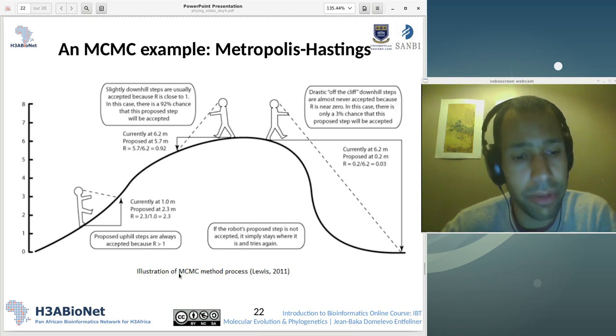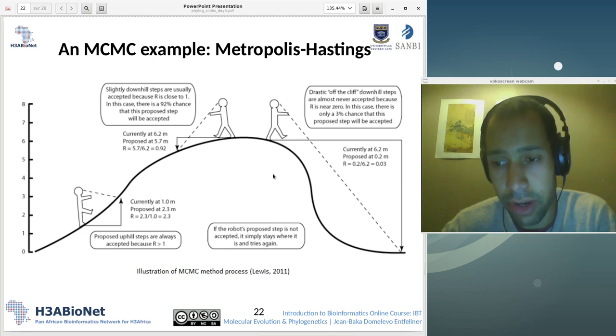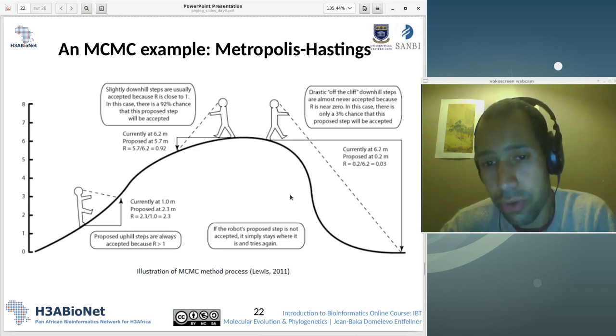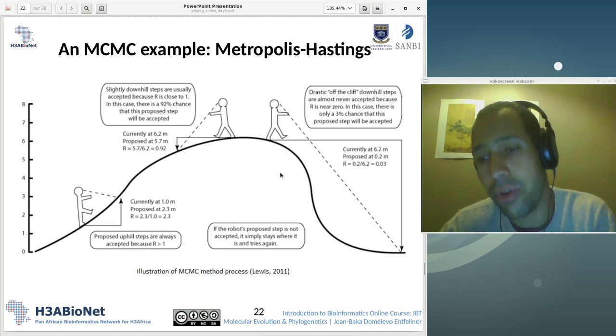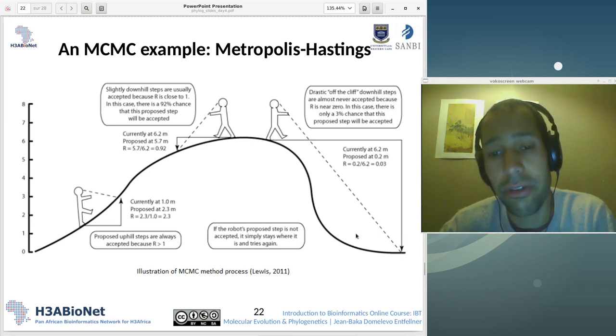So the MCMC method is a process of random jumps, and you select your jump if you've gone to a point that is higher or at the same altitude, and if you've gone to a point of lower altitude, you are going to have higher chances to discard this jump.